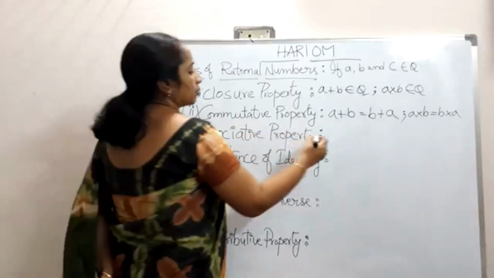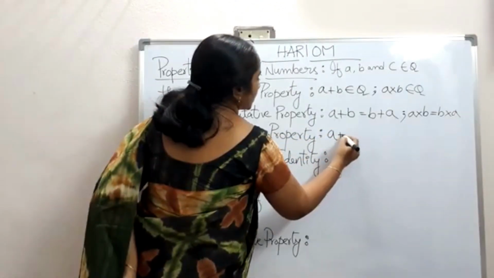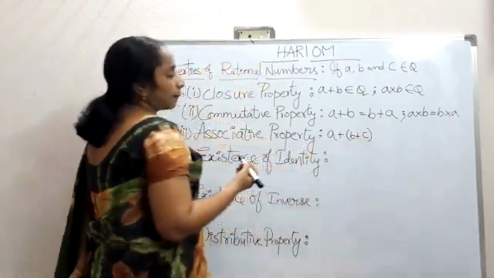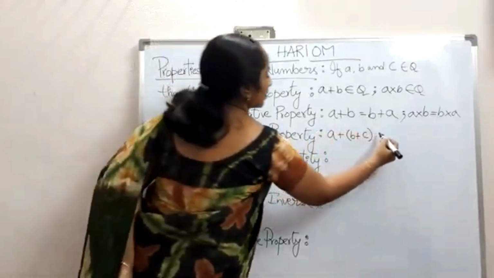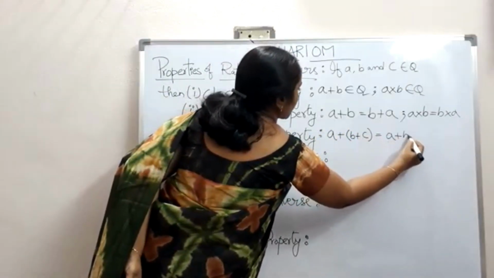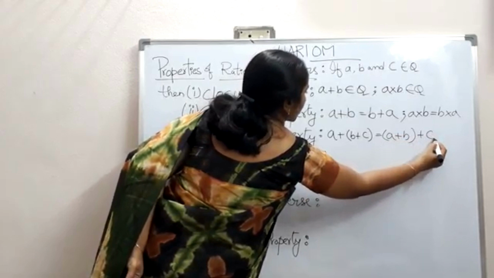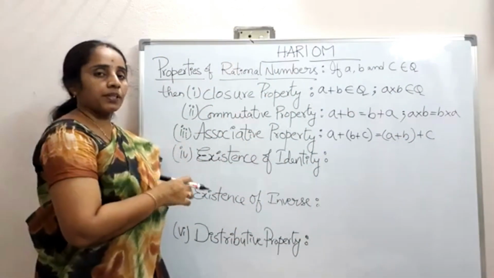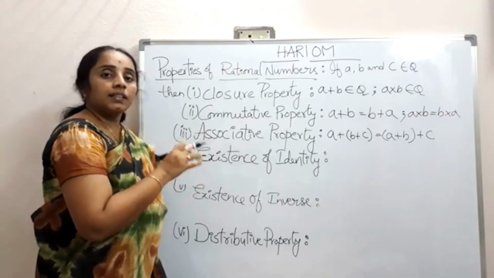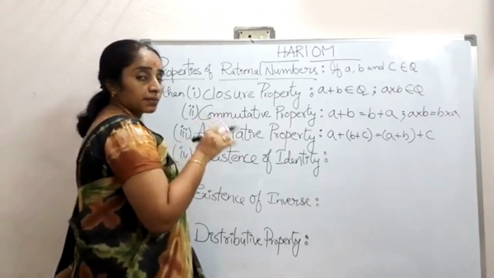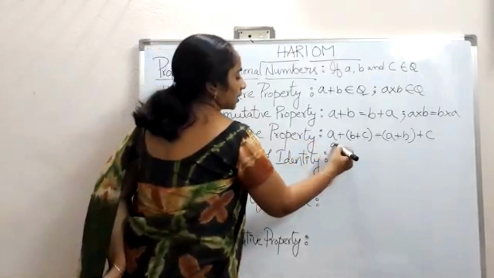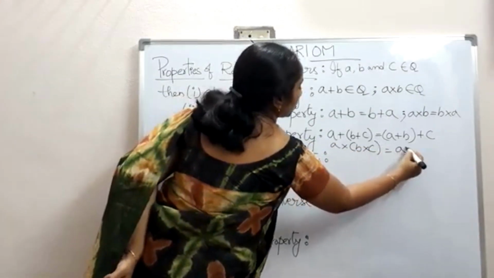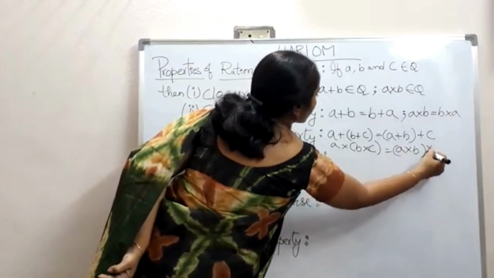In this associative property, we are taking three rational numbers a, b and c. a plus b plus c is equal to a plus b plus c, grouped differently. If we want to discuss the same associative property under multiplication, we take a into b into c is equal to a into b into c.